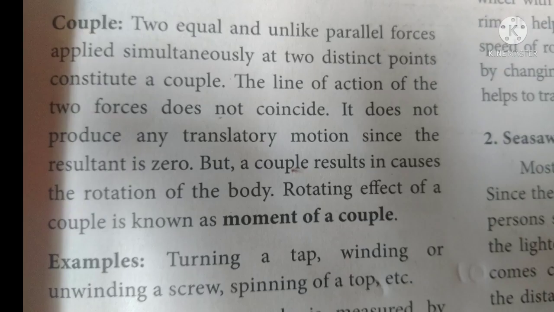Now you can mark the definition of couple. Two equal and unlike parallel forces applied simultaneously, which means at the same time, at two distinct points, so in between the two forces there is a distance. It will constitute a couple. The lines of action of the two forces do not coincide.